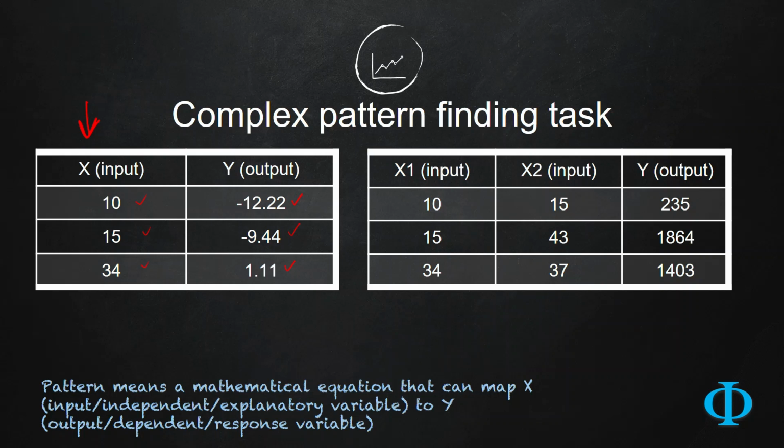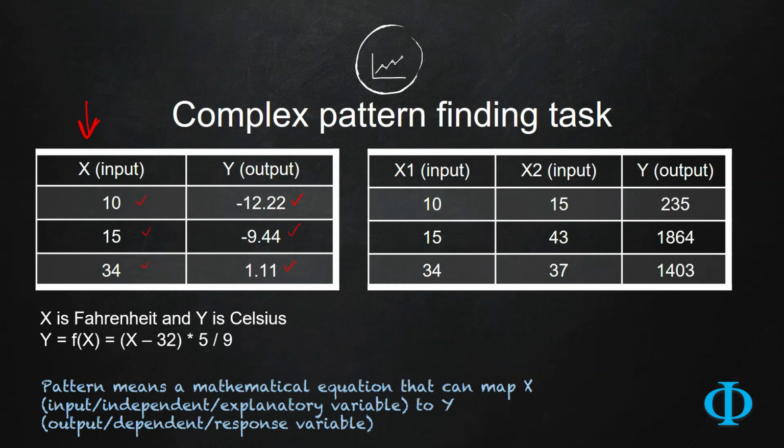Well, a little bit hard, right? But if you notice minutely, it's not that hard, because you will see that x is nothing but the Fahrenheit scale temperature, whereas y is the equivalent Celsius scale temperature, and they are related using this equation.